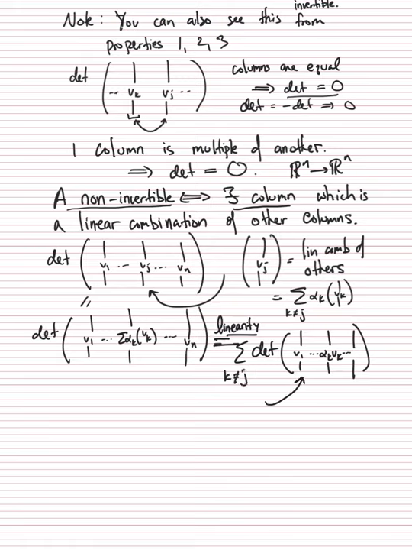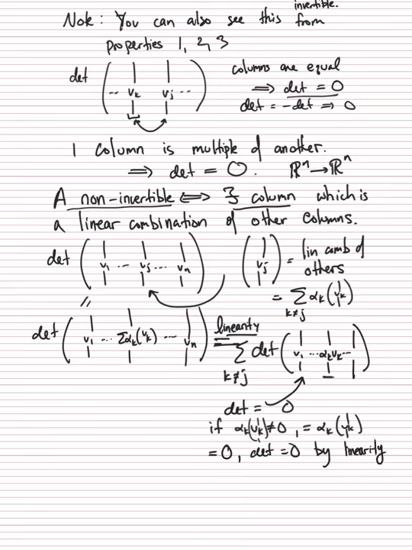Notice by construction, all of these matrices are going to have determinant 0. If this column is non-zero, then by construction it's equal to a multiple of another column, exactly alpha k times the column v sub k. On the other hand, if it is 0, then the determinant is 0 by linearity again.